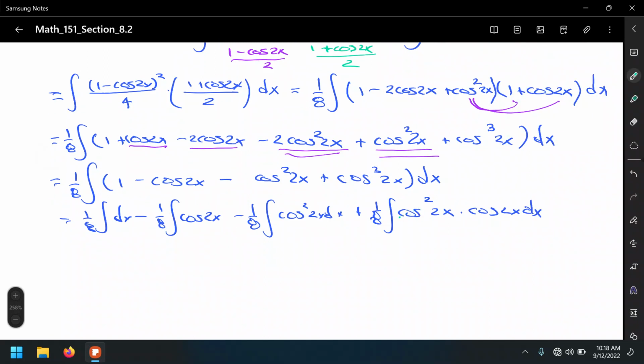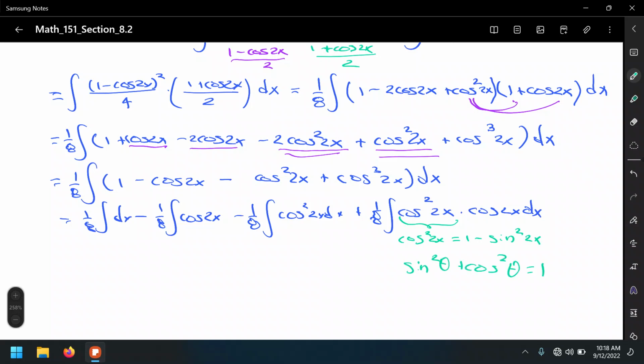Let me write down what we are going to use in this case. Here we're going to use the Pythagorean identity. We are going to replace cosine squared 2x with 1 minus sine squared 2x. That comes from the identity sine squared theta plus cosine squared theta equals 1.